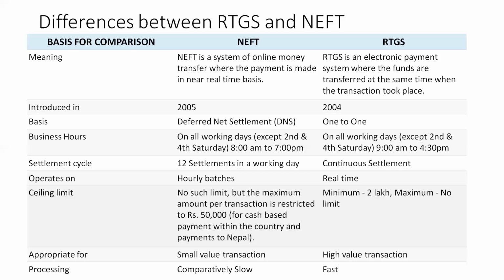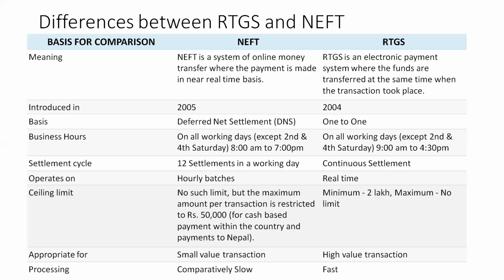Whereas for RTGS, it is 9 a.m. to 4:30 p.m. RTGS is not effective after 4:30. Any RTGS transaction has to be made before 4:30 p.m., because after 4:30 p.m. the final settlement of all the transactions by the clearing house is made. After that, no RTGS is allowed. Whereas in NEFT, fund transfer is effective from 8 a.m. to 7 p.m. So this is the working time.